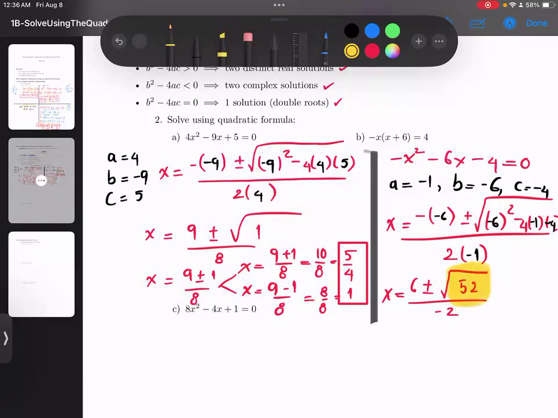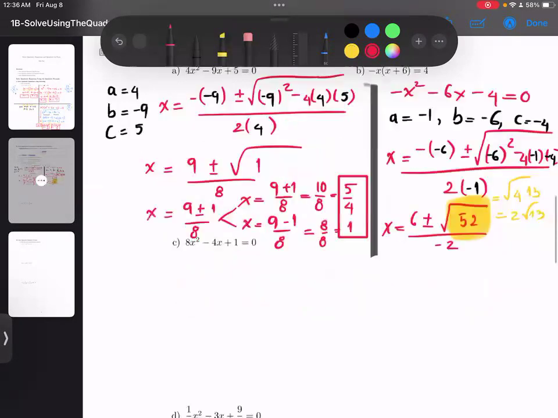It's equal to root of 4 times 13, which is 2 root 13. I want the exact answer. I don't want a decimal. Please don't give me a decimal. I mean, in real life you do get decimals, but this is mathematical quantitative, so we're going to do the math way.